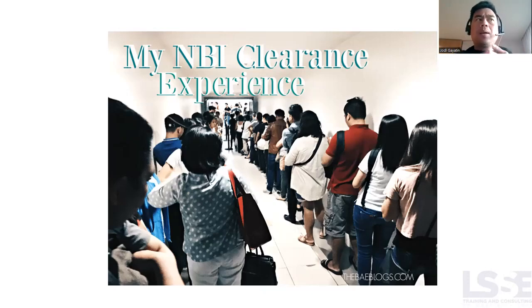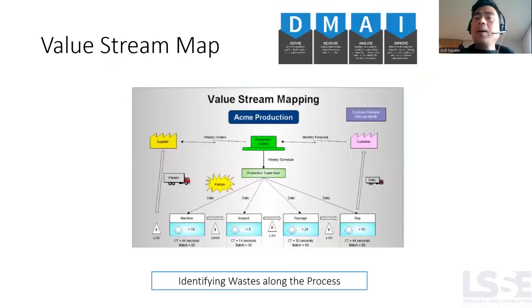So it's probably that the total transaction time is 3 hours, but the actual touch time with the person is probably just 5 to 10 minutes. With this in mind, if you have a process that has this long waiting time, a tool that could be useful in Six Sigma is what we call a value stream map.